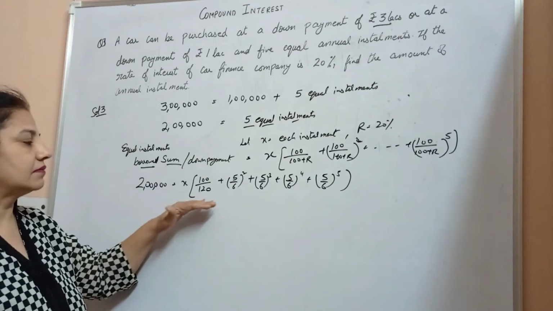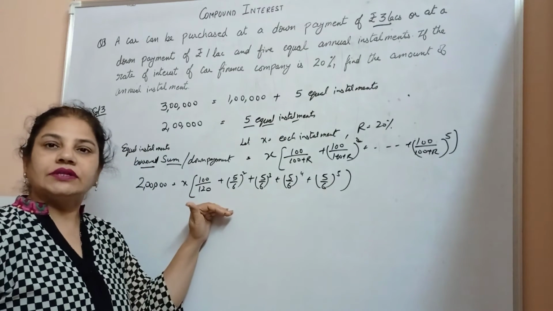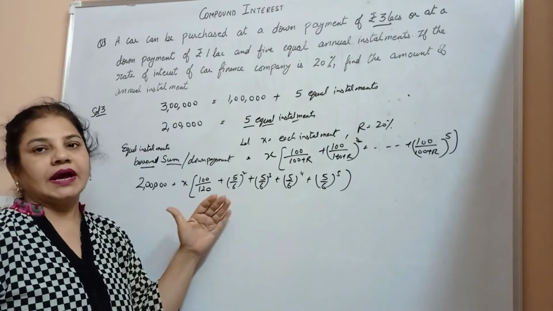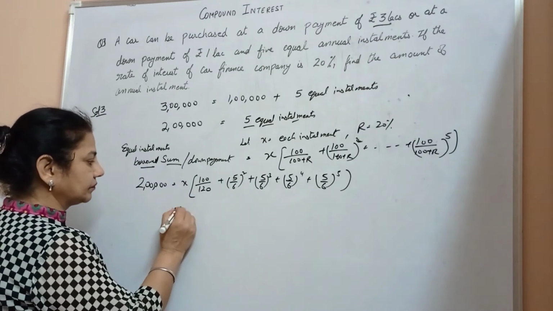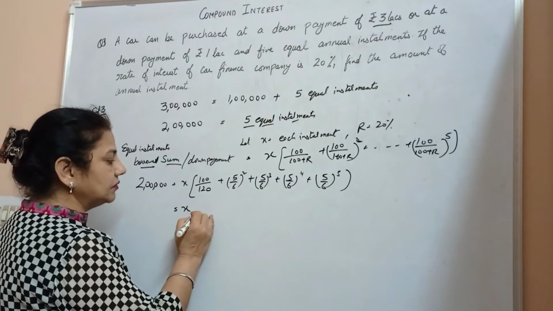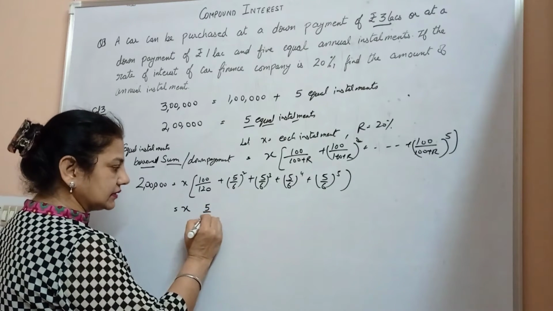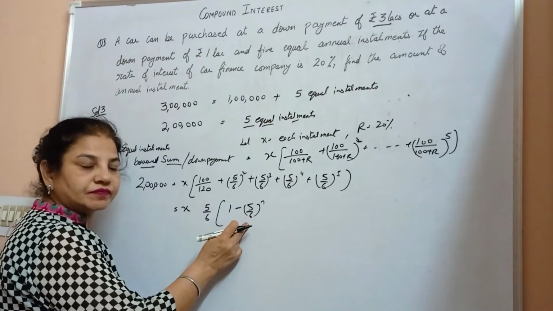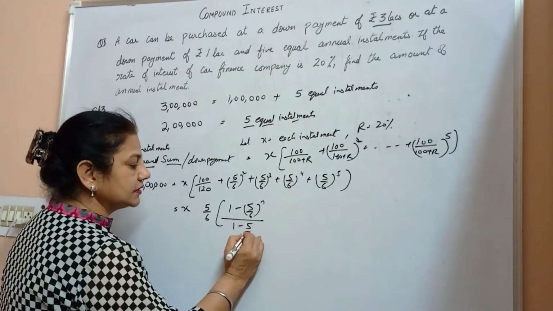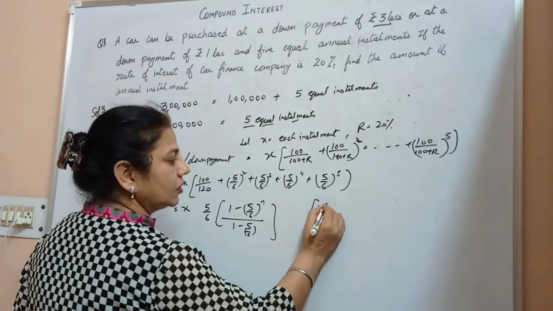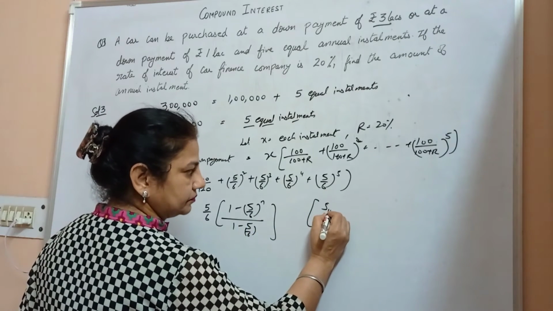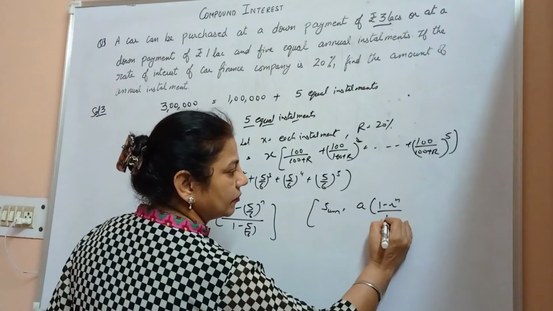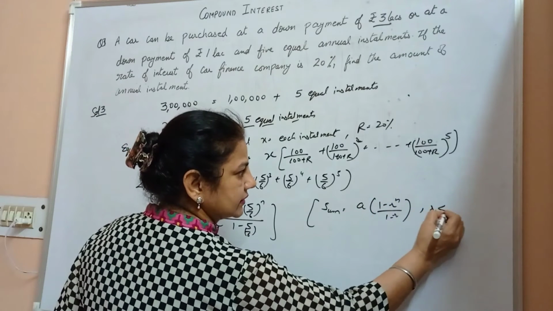Now you can clearly observe that these installments are in the form of a GP, and the sum of GP is given as, if x is the installment, 5 by 6 times (1 minus (5 by 6) to the power n), where the common ratio is 5 by 6, divided by 1 minus 5 by 6. You recall the sum of GP is given as a(1 minus r^n) upon (1 minus r) when r is less than 1.